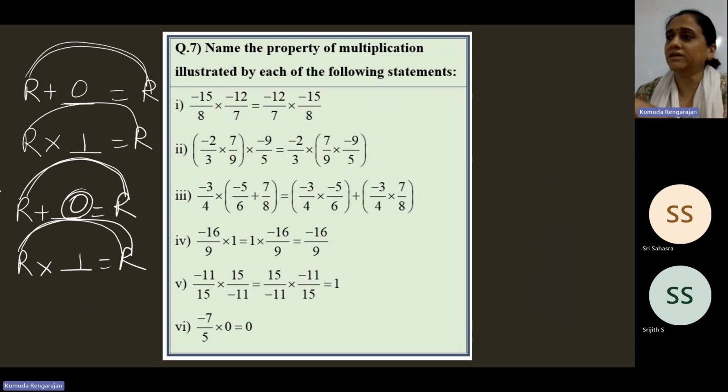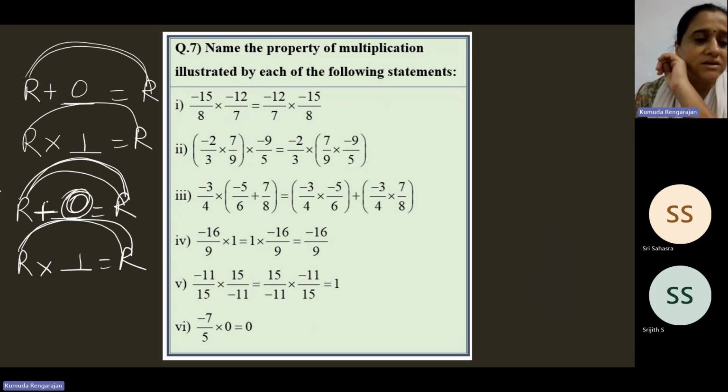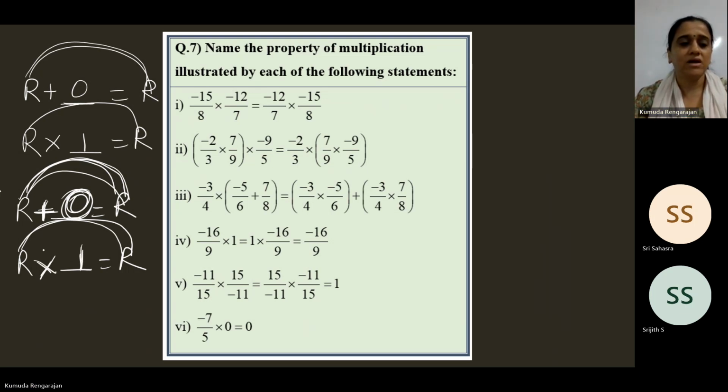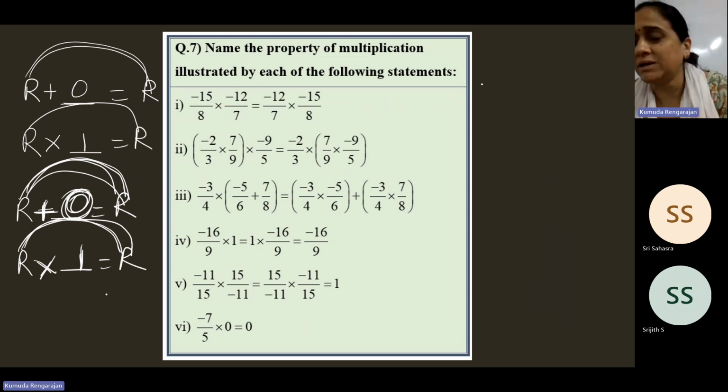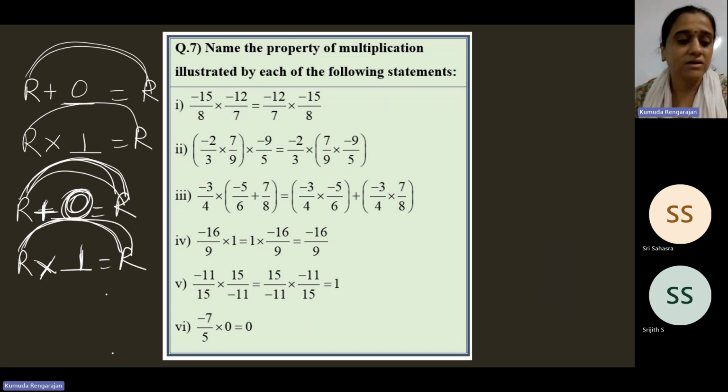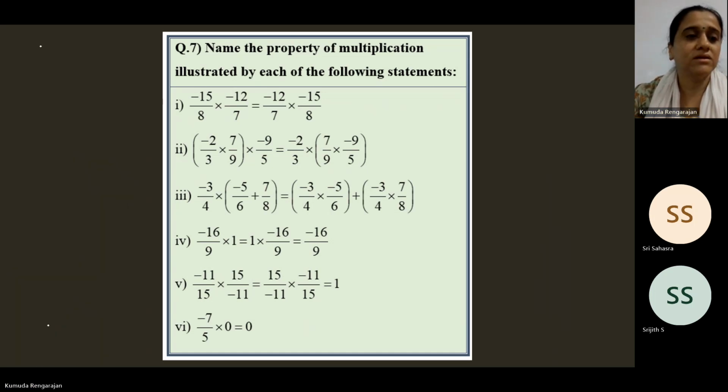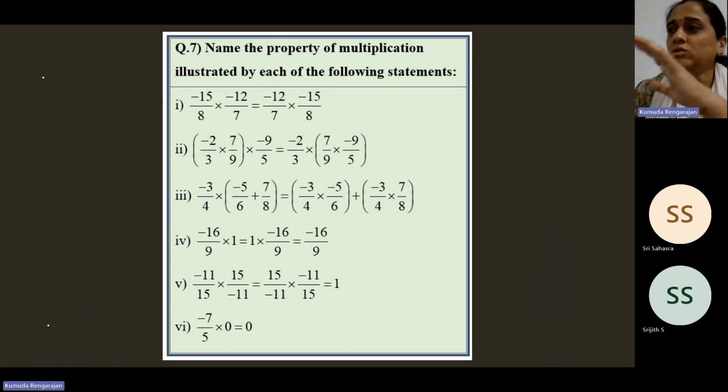So 0 is called the additive identity of rational numbers, because addition is involved here. 1 is called the multiplicative identity of rational numbers. This is identity. Now coming to additive inverse and multiplicative inverse.